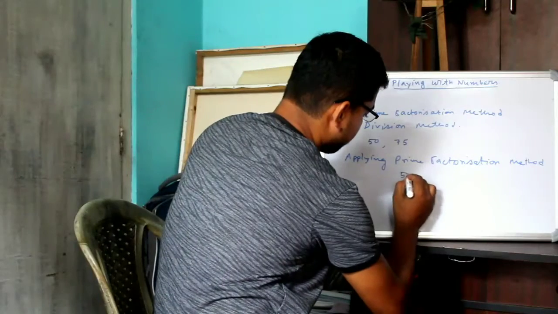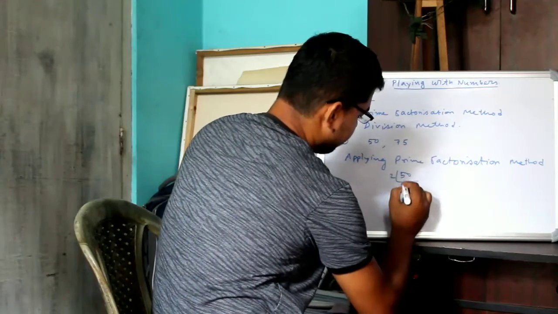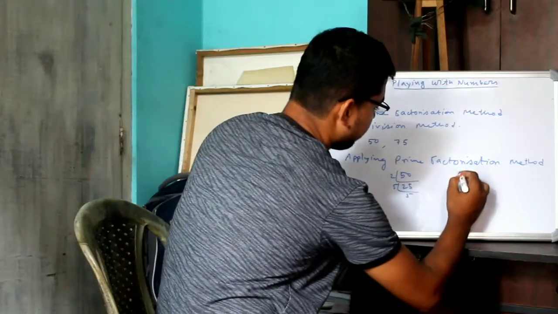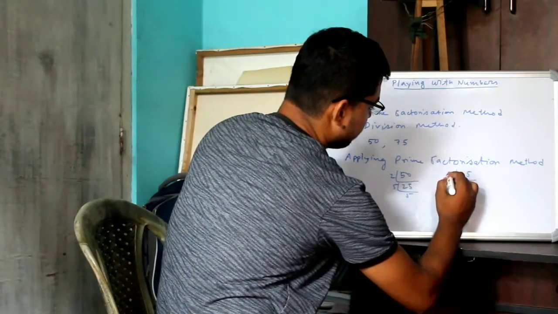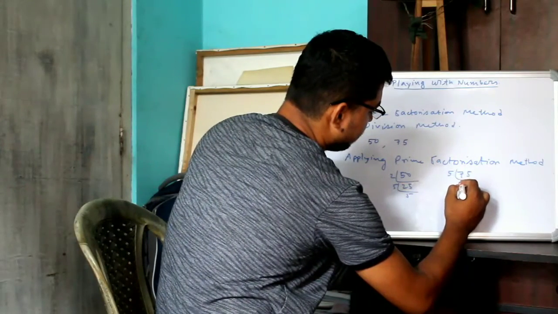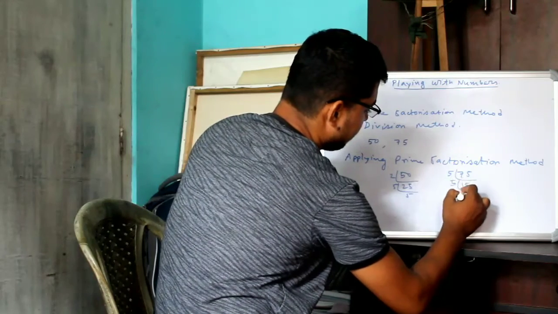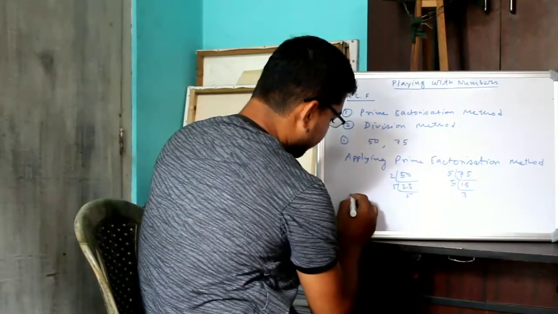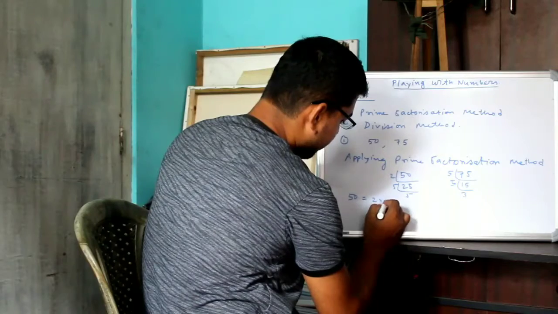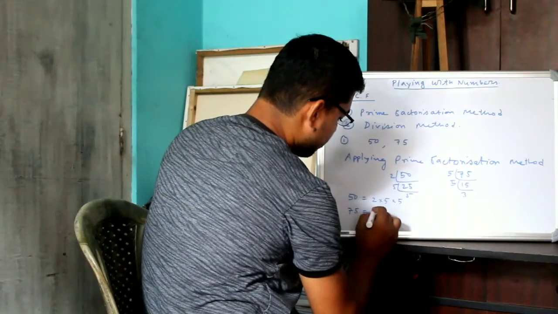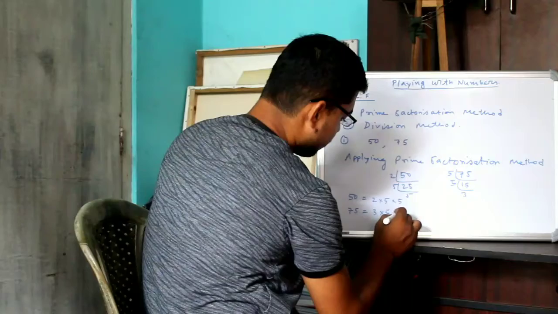For 50: 2, 25, 5, 5. For 75: 5, 15, 5, 3. So 50 equals 2 into 5 into 5. For 75, 3 into 5 into 5.